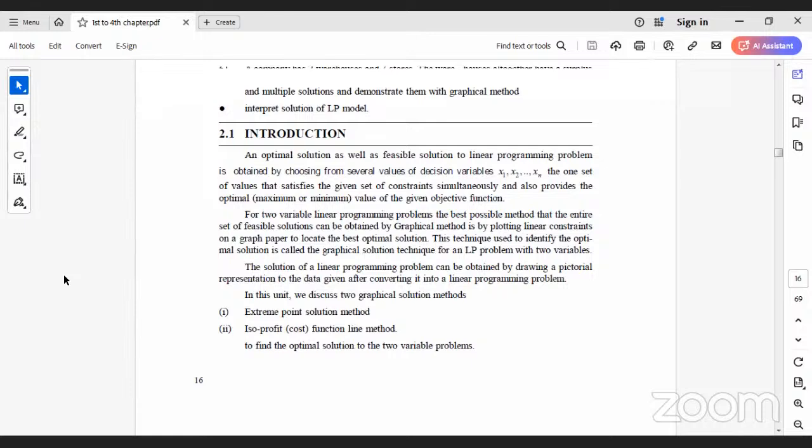So what is the meaning of feasible solution?